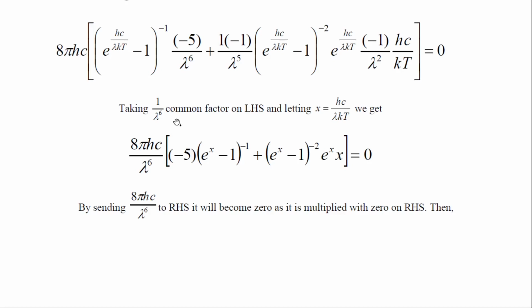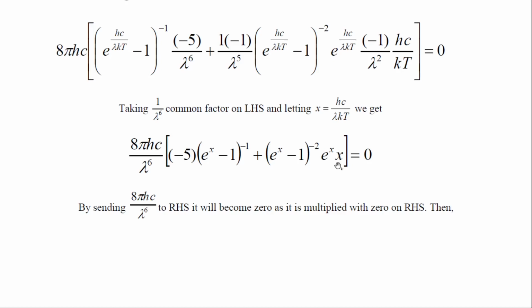Now taking 1 by lambda to the power of 6 as common factor on the LHS and letting x equal to hc by lambda kT, we have 8 pi hc divided by lambda to the power of 6. In the first term, lambda to the power of 6 is in the denominator, but in the second term, lambda to the power of 5 into lambda to the power of 2 is there. It will become lambda to the power 7, but I have taken only lambda power 6 as common factor. Another lambda is left here, that will become hc by lambda kT, which I have put as x.